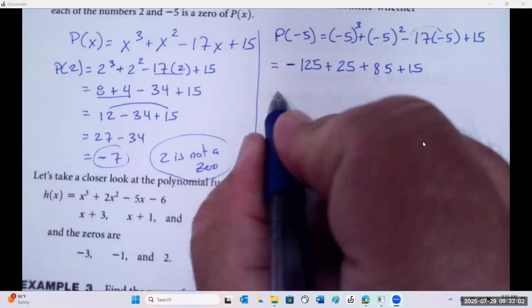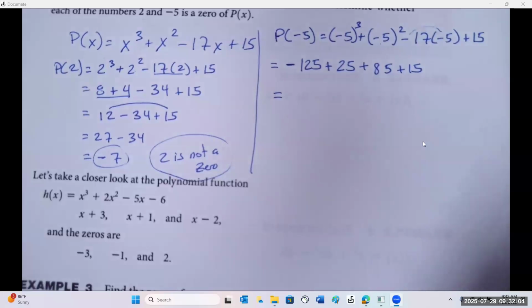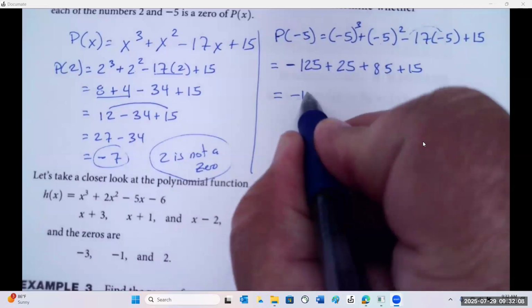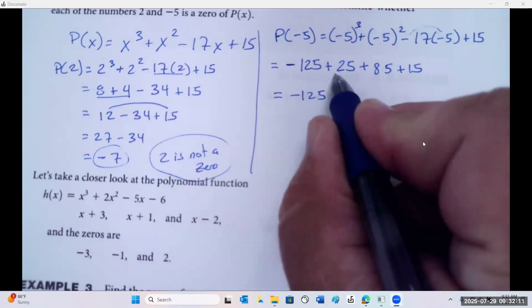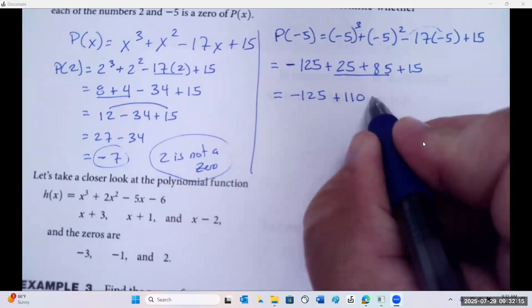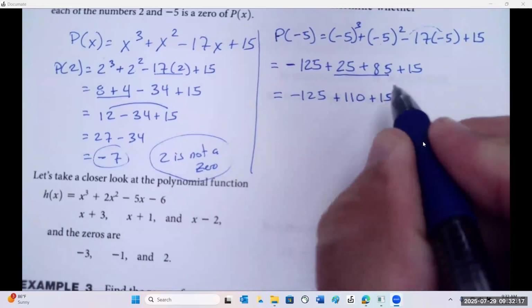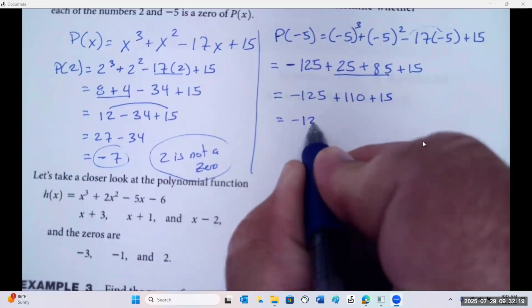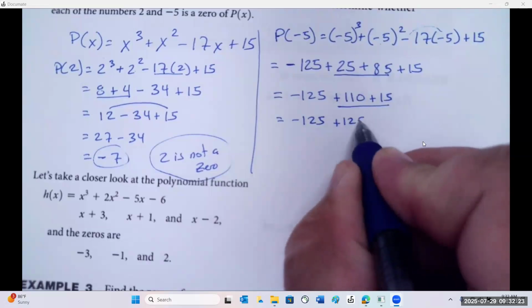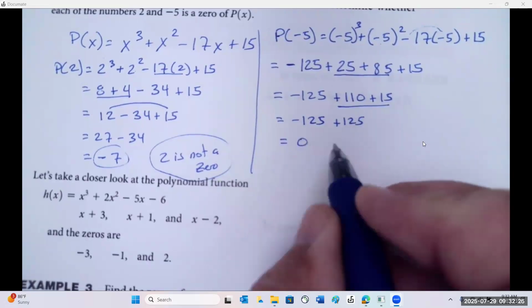Plus 15. So we have -125. 25 plus 85 is 110. -125 plus 110 is -15, plus 15 is 0.